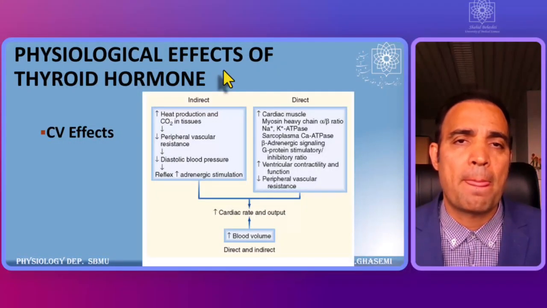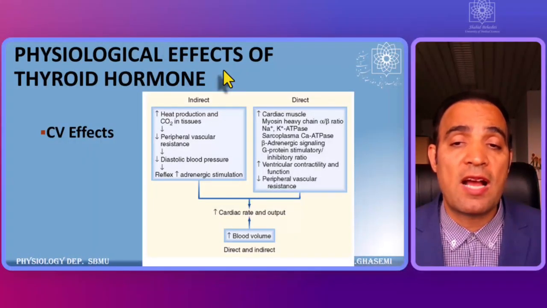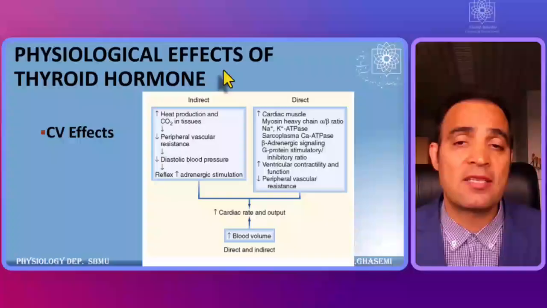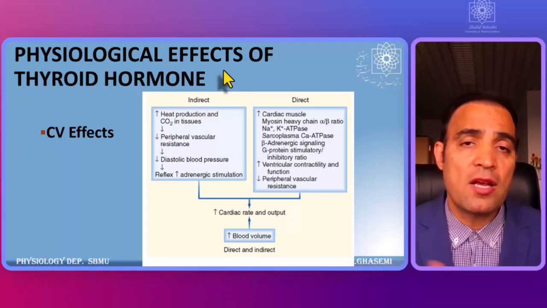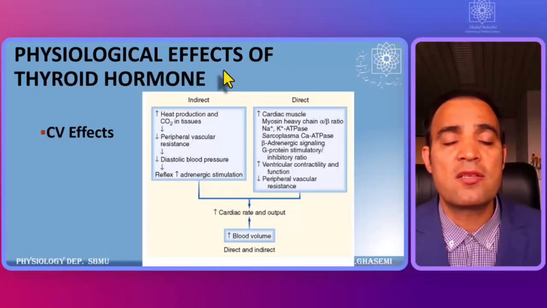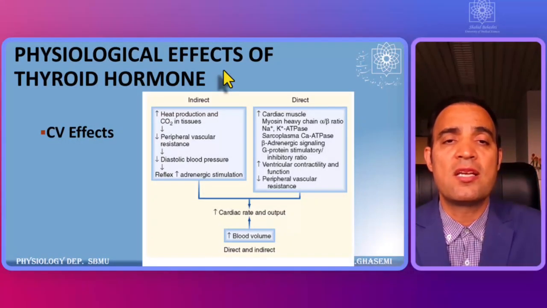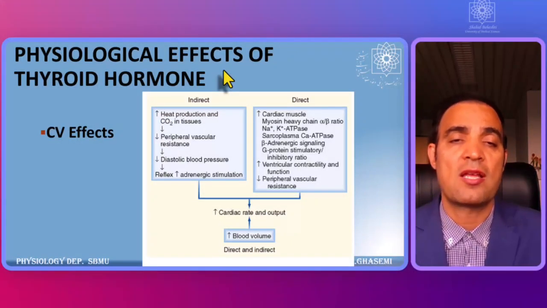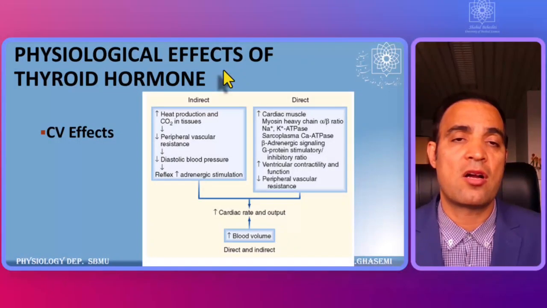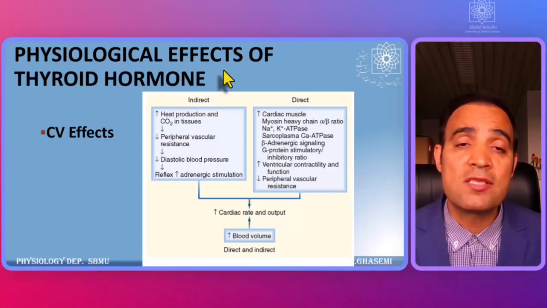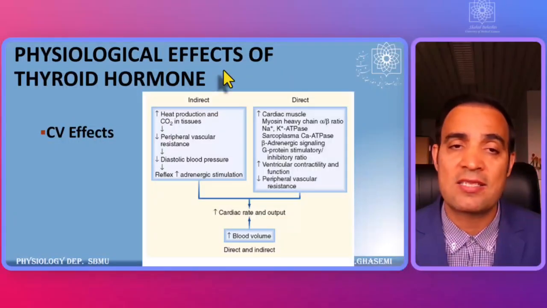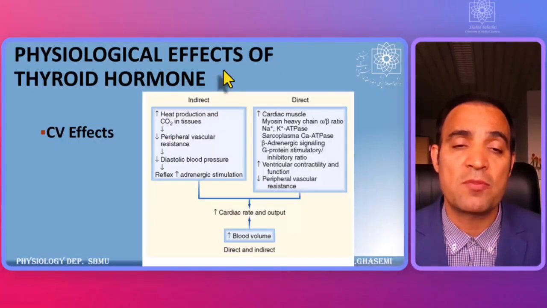And all this will increase ventricular contractility and decrease peripheral vascular resistance. On the other hand, indirectly, because thyroid hormone stimulates heat production and carbon dioxide production, it decreases the vascular resistance and decreases the diastolic blood pressure.